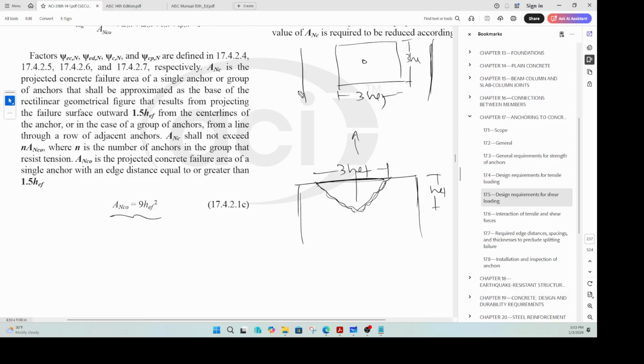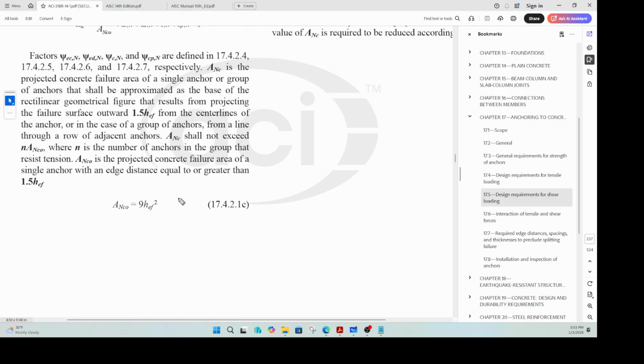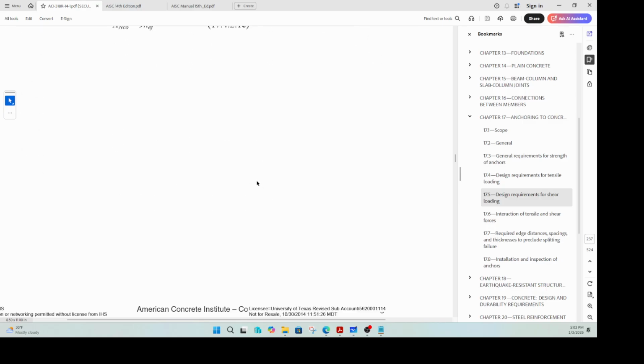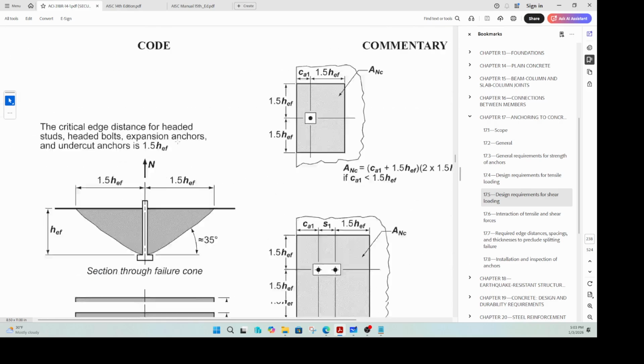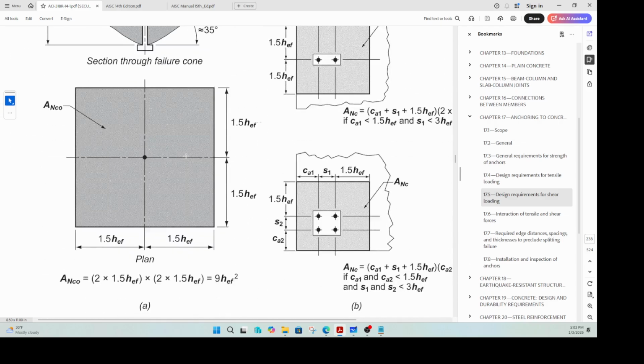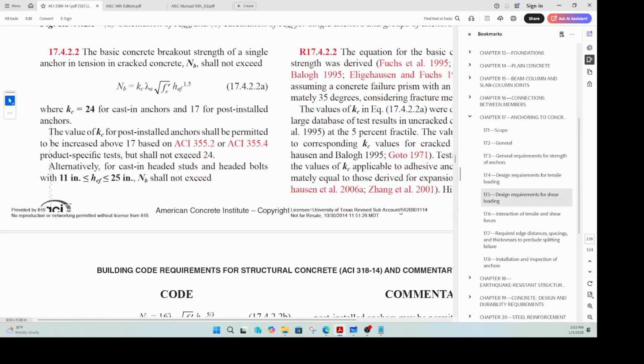Because there are no edge distance related issues, meaning all the edges are far away from this anchor, the influence area, or the projected area of that failure plane of an anchor which has no constraint issues, is 9 HEF squared. Okay, so we'll calculate that, but then let's go back to how you calculate this. This is what I was talking about. How do you calculate your basic strength? Correct. Basic strength.